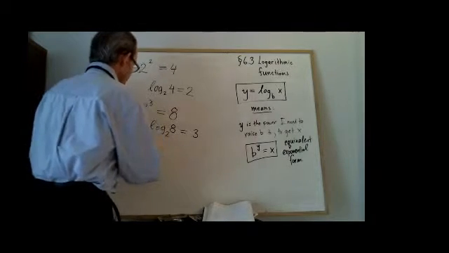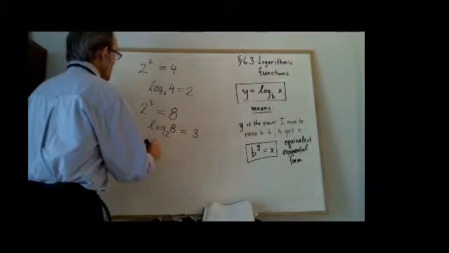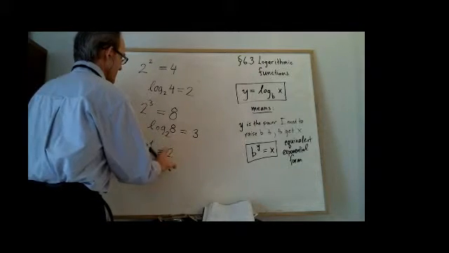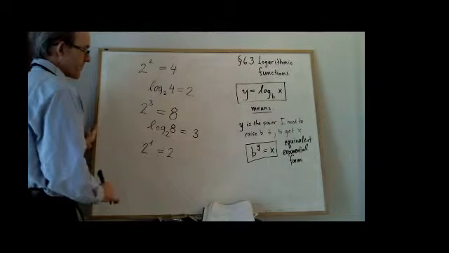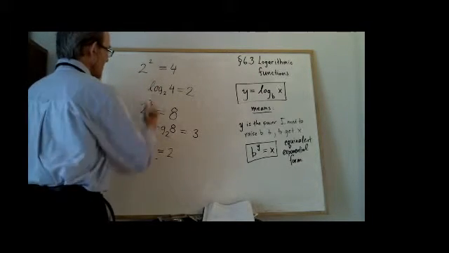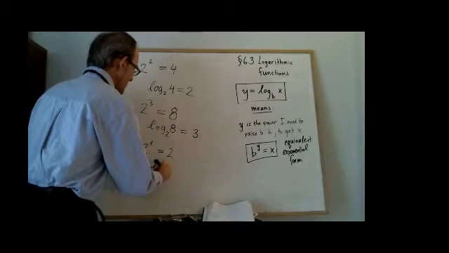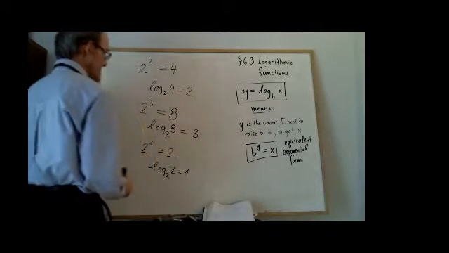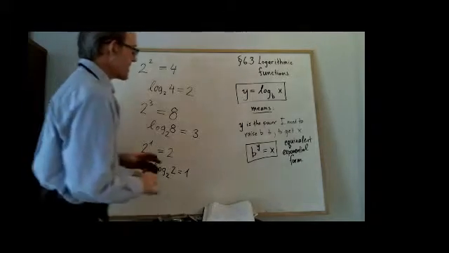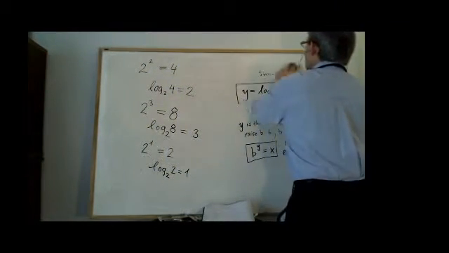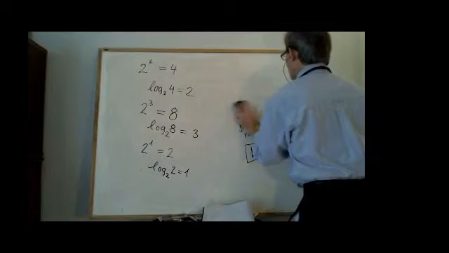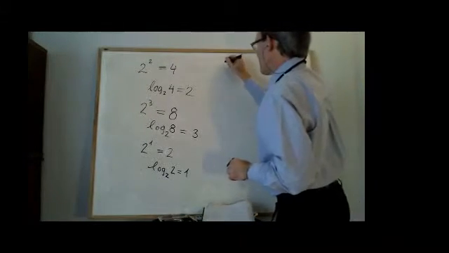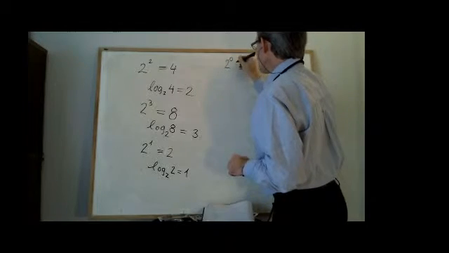Okay, and you can keep on going. Let's go one lower. 2 to the 1 is equal to 2. That's even simpler than this one. Well, the way you'd say it is log base 2 of 2 is 1. Now it's another simple one. 2 to the 0 is equal to 1.